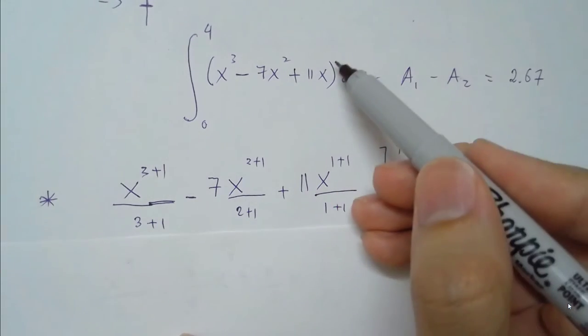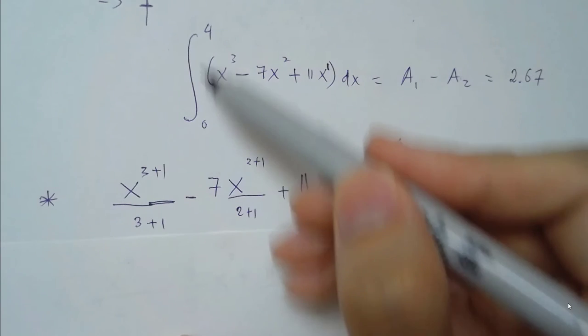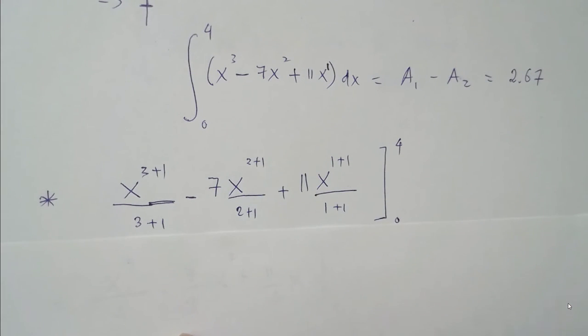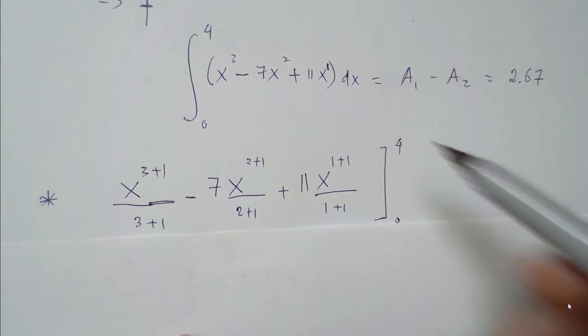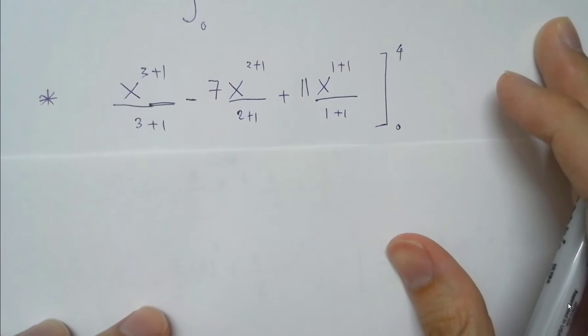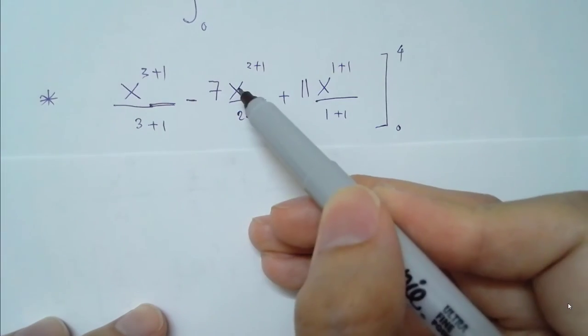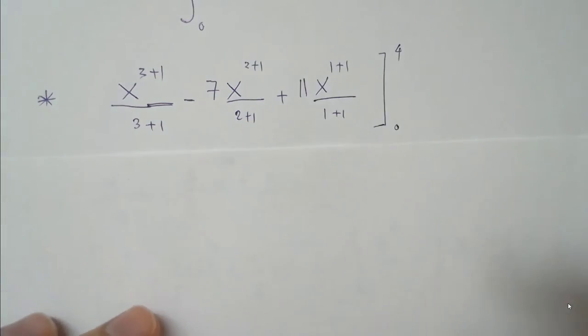For the 11, this is the first power, so we add 1 to that, and divide by the same thing. Because we are running from 0 to 4, we evaluate the answer over that interval. The next step is to substitute 4 in all the places where you see x.